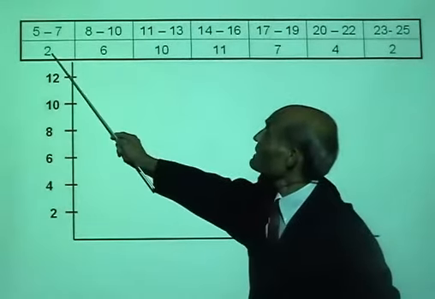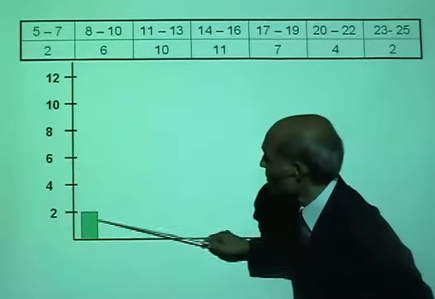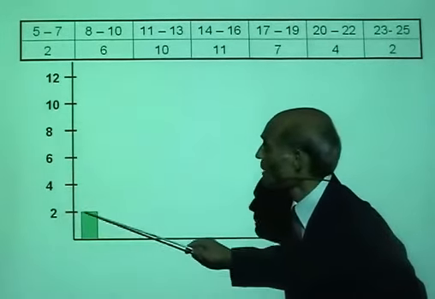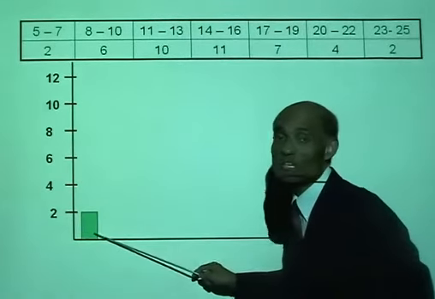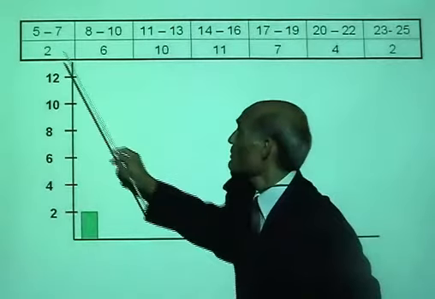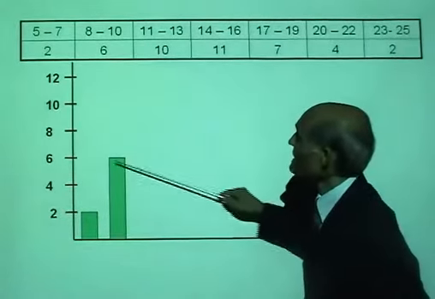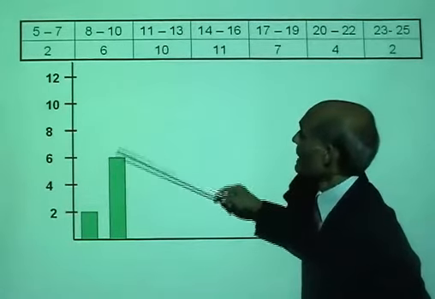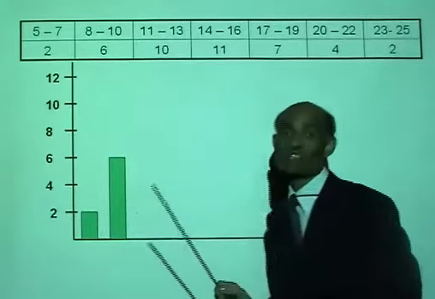And I go to the first class. In the first class I have 2 values. I draw a rectangle that has a height of 2. This represents the frequency of the first class. The frequency of the second class is 6. I draw another rectangle that represents 6.